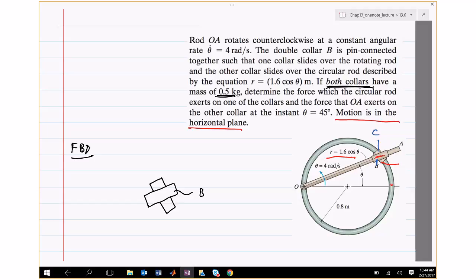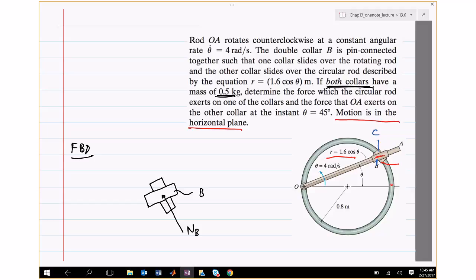It's not allowing the collar to move in this direction. So the only force acting is going to be normal. So I'll call that force NP. Again, I just assumed it to be in this direction, but it can turn out to be in the direction exactly opposite to the way I've drawn it. Okay, the math will tell me if it's in the other direction.